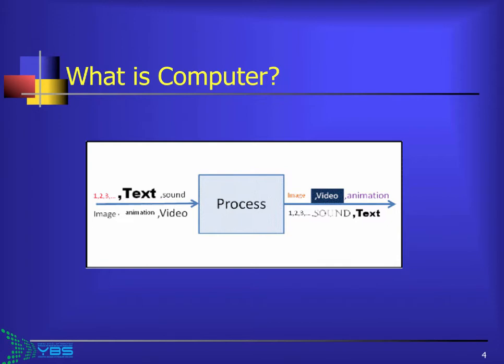All numbers, text, sounds, images, animations, and video used as input are called data, and all numbers, text, sound, images, animations, and video turned into output are called information. You see on the picture's left side, these are the inputs, and there's a process going on. On the right side, data comes out. So especially we're going to talk about data, process, input.